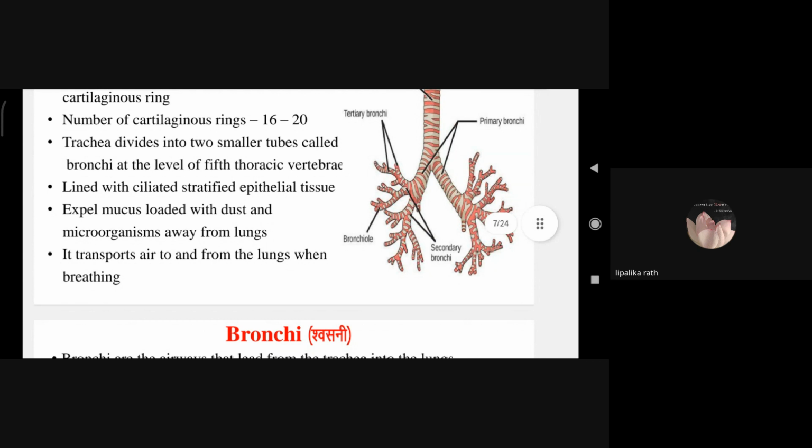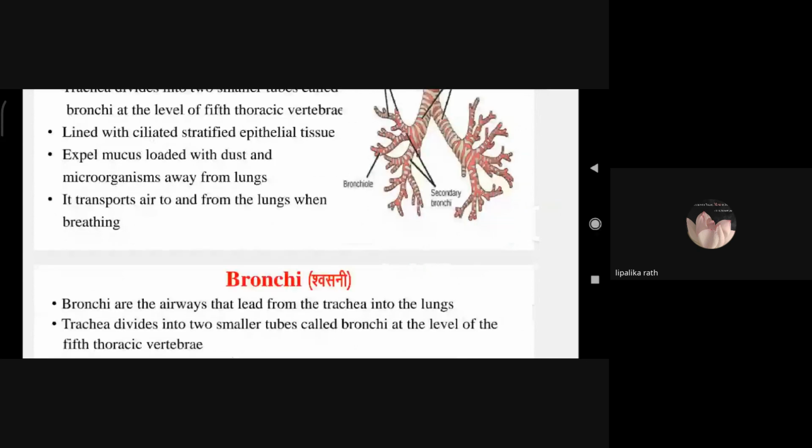So either they will produce mucus and it will come out with mucus, or they will cough it out. It transports air to and from the lungs when breathing. To and from means we inhale the air and exhale the air, going in and coming out.